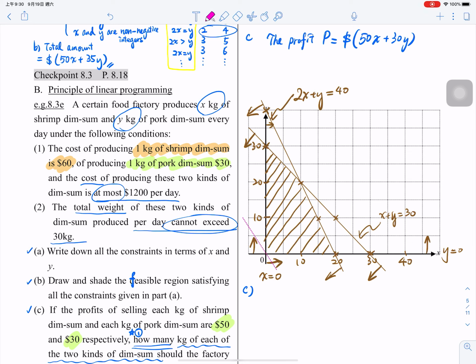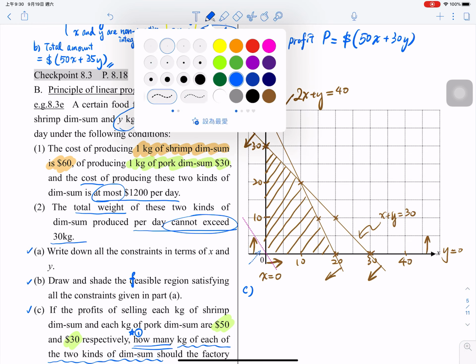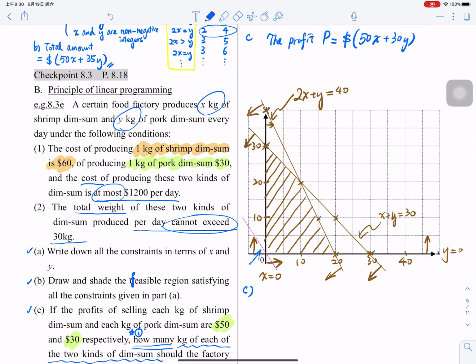You will ask me how to draw this straight line. Later on, I will teach you how to draw it. This straight line is P equals 50x plus 30y.